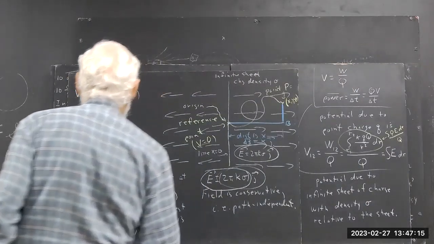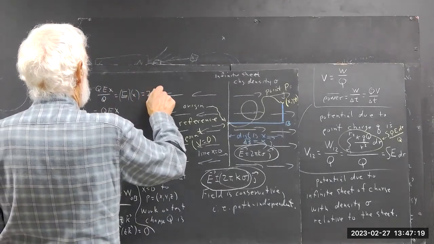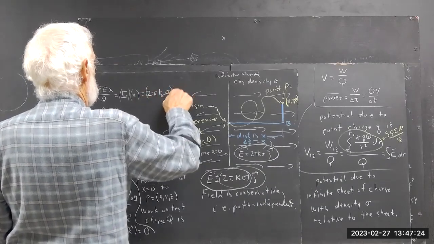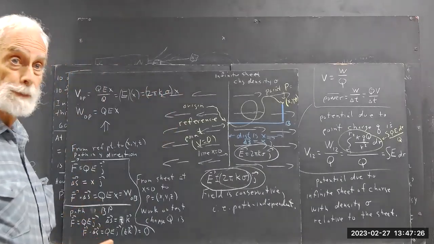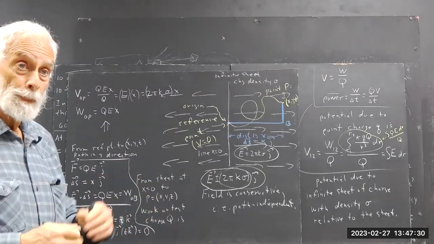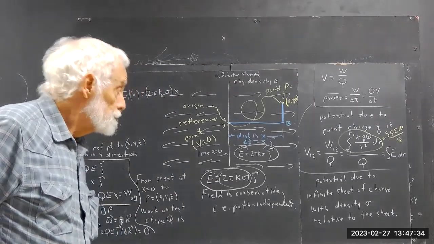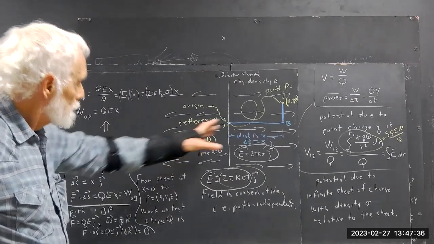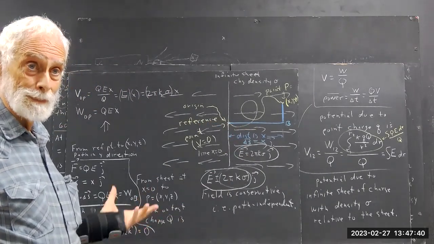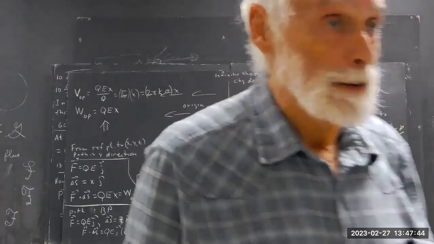This E times X is 2 pi k sigma times X. Again, in a capacitor, you double that because of the two plates. So you understand that much? You've got a pretty good start on the idea of potential difference.